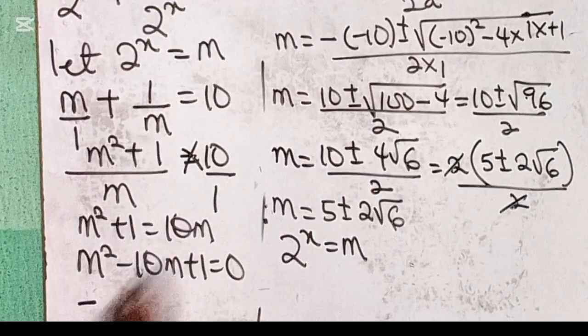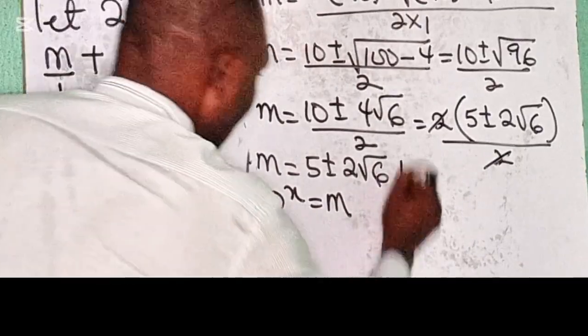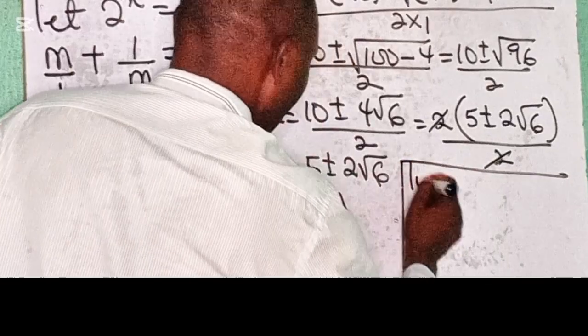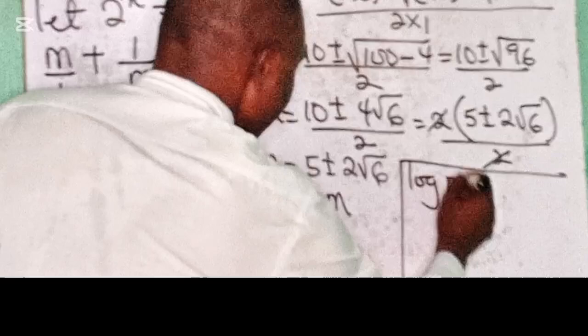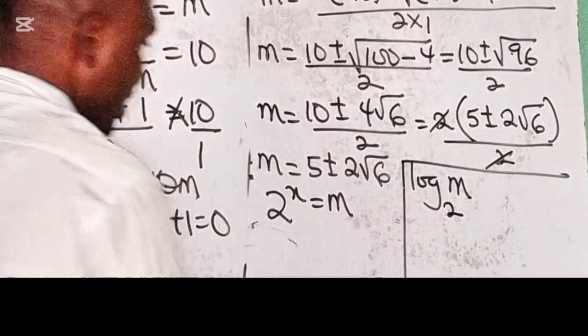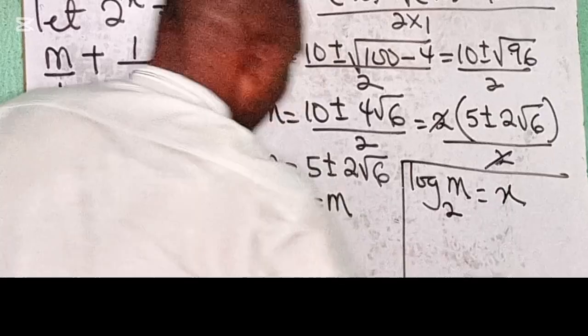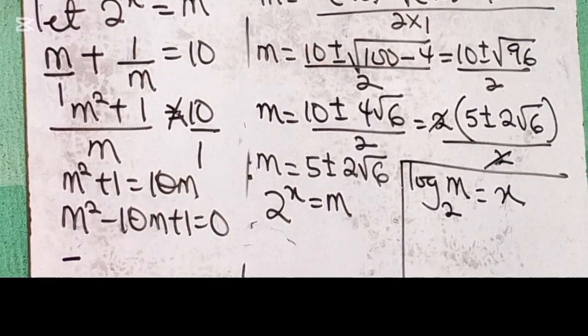So now how do I do this? It's going to be log. Let me write it here. It's going to be log m. Now this 2 here becomes the base, and this x will be here. All right, so it's going to be x equals log m base 2.